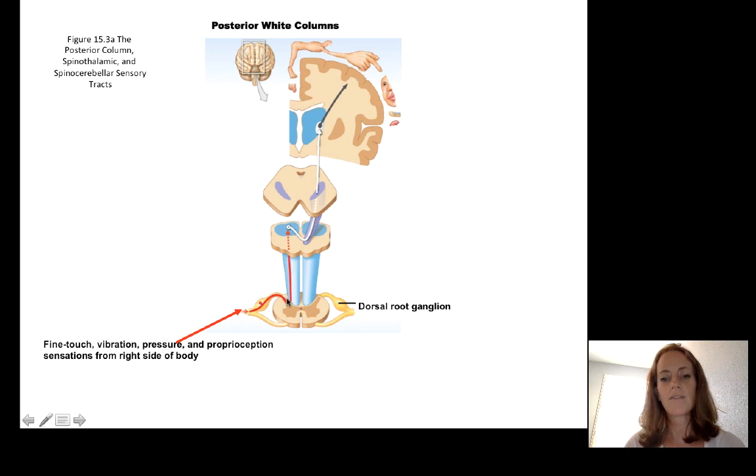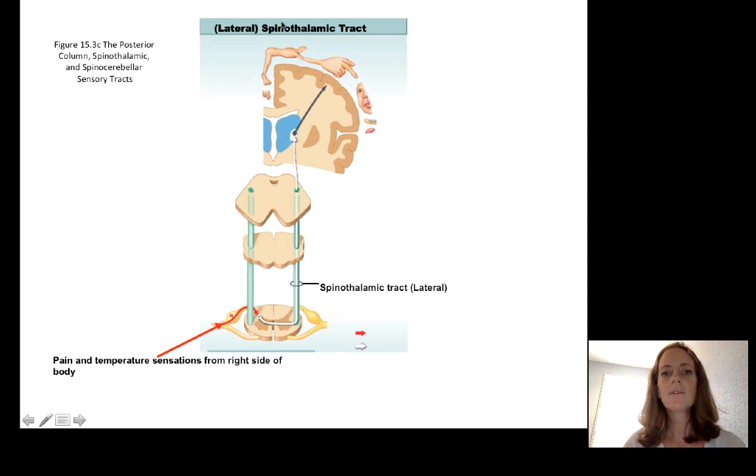So here we have a first order, a second order, and a third order sensory neuron, which ultimately is going to carry information up to these mapped regions of the brain about this somatic sensation of these different regions of the body. The lateral spinothalamic tract will be the pain and temperature sensations from one side of the body going into the dorsal horn.